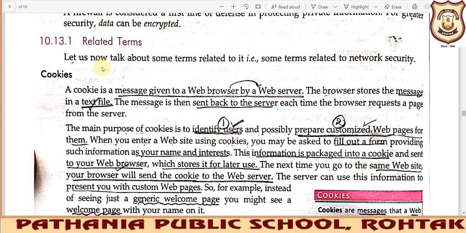Like you are accessing a website, you go for e-shopping and you are purchasing jackets, so you are interested in jackets. This information will be given by the web server to the web browser, that these are the interest areas of this client, so show more results related to such things only. The main purpose of the cookie is to identify the user, and then it prepares customized web pages.